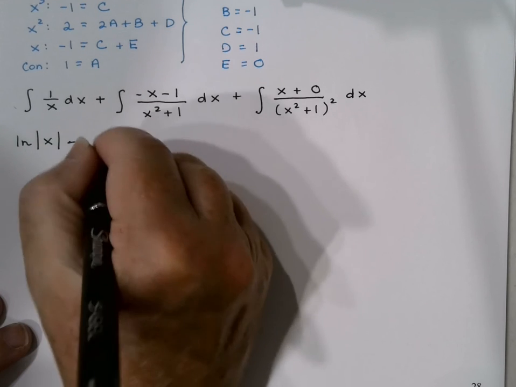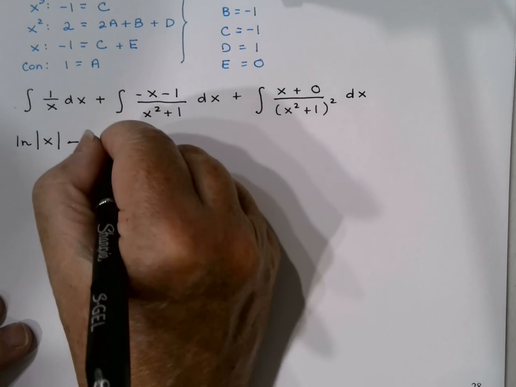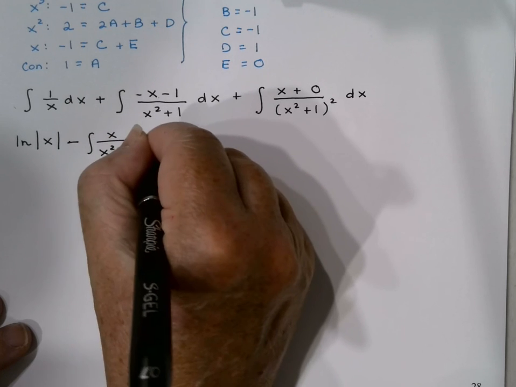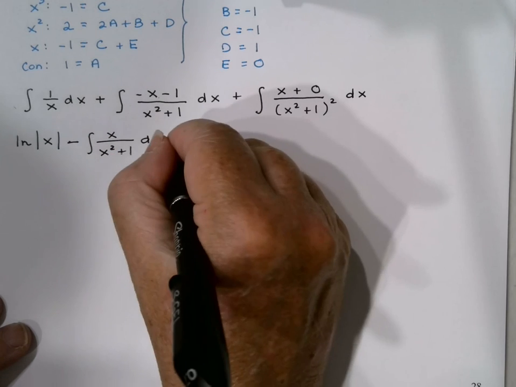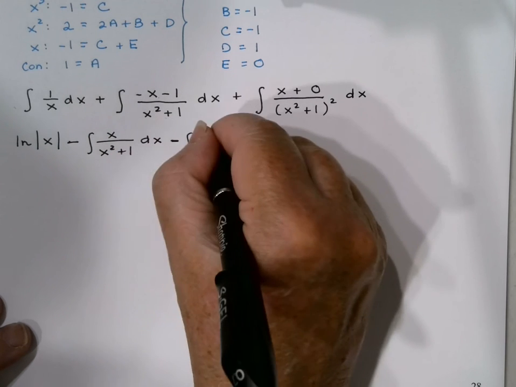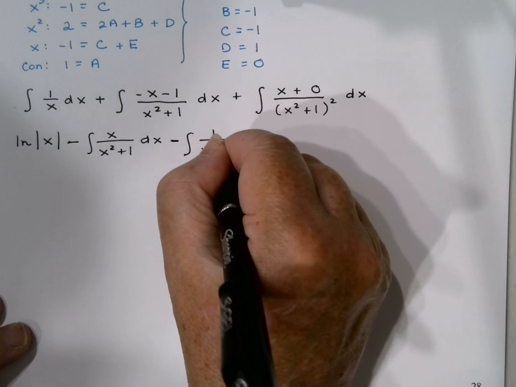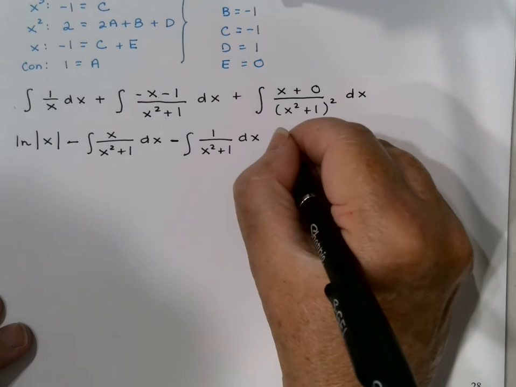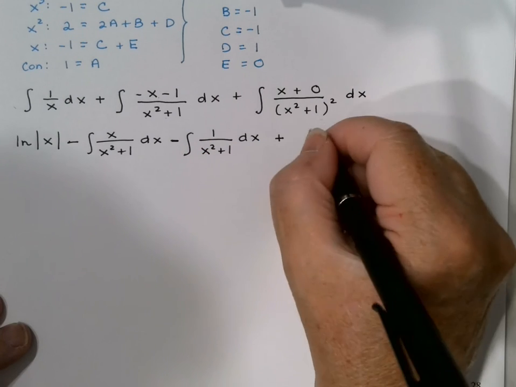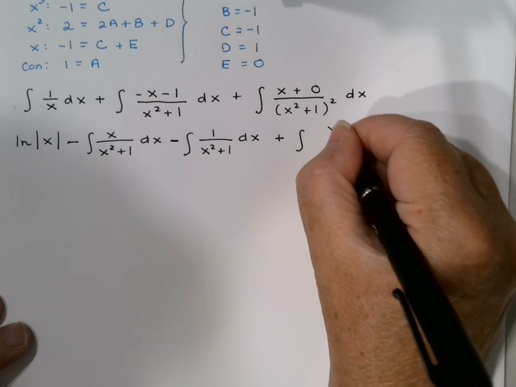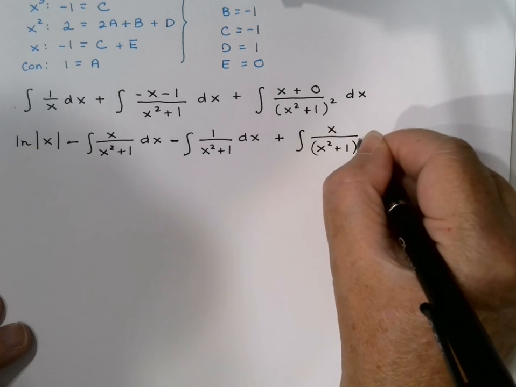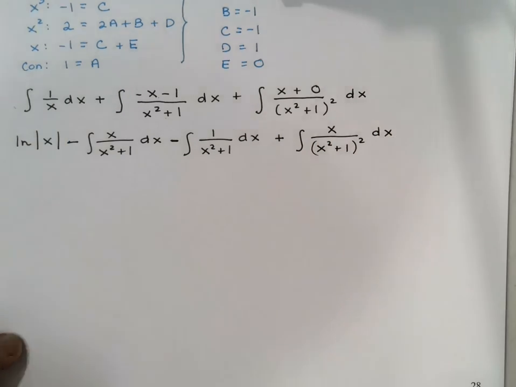I'll have a minus the integral of x over that denominator, and then a minus the integral of 1 over x squared plus 1, plus the integral of x over x squared plus 1 squared dx. Right.